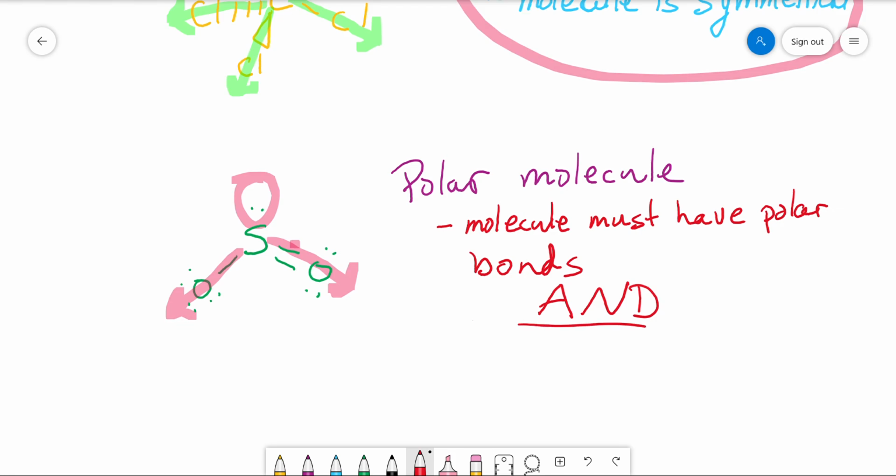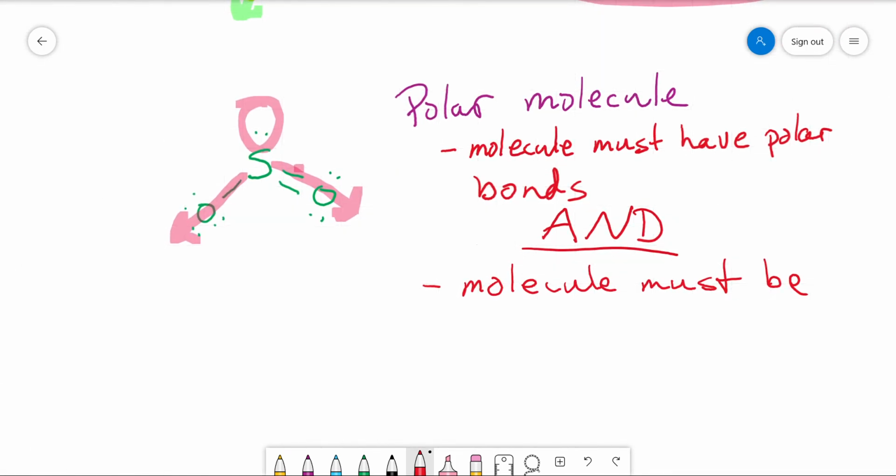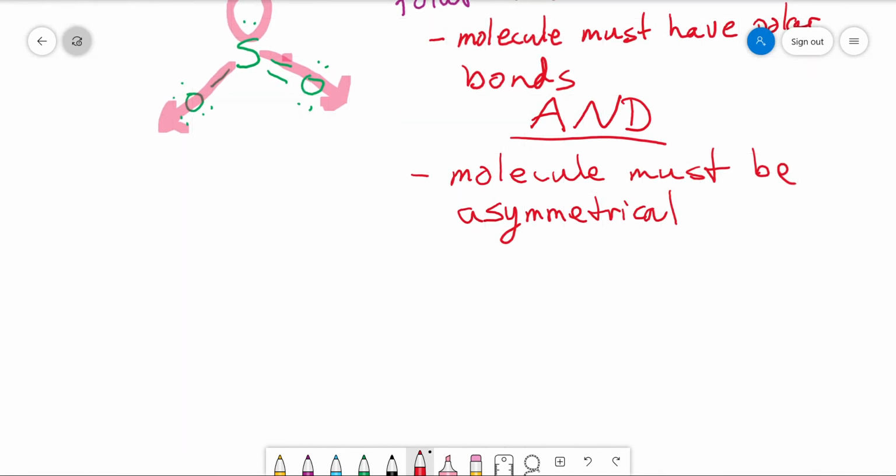Before it was or, now it's and: it must be asymmetrical. That is, non-symmetrical.